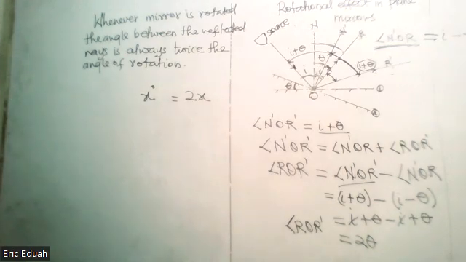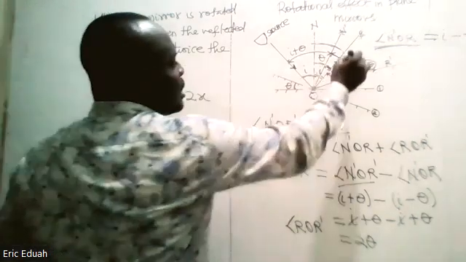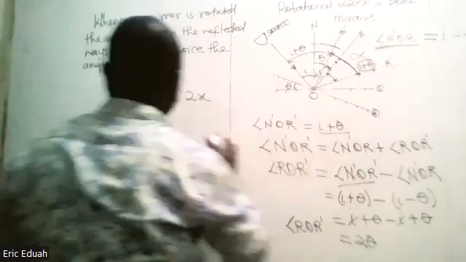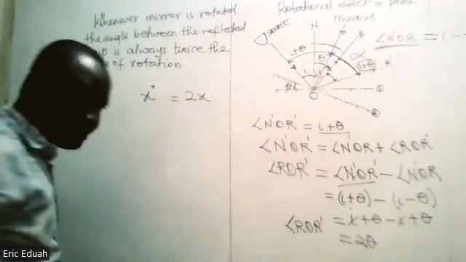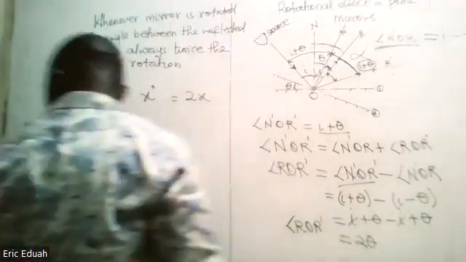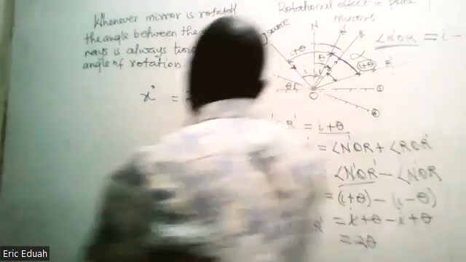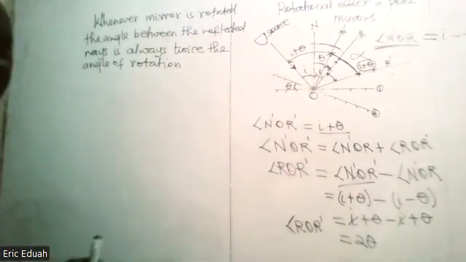So here, let's assume the angle is alpha. It means that if the angle between the reflected rays is alpha, then Ishra, what can you say?